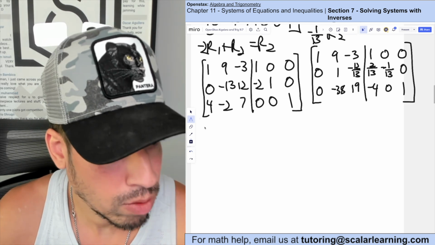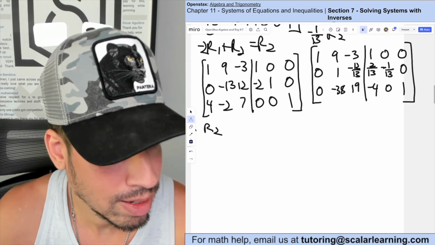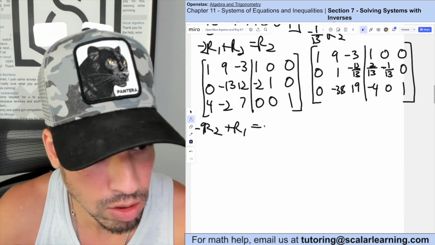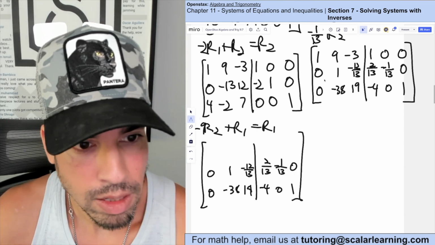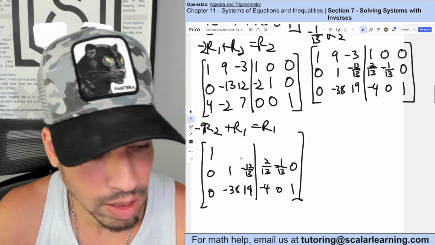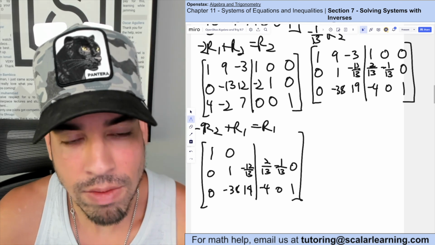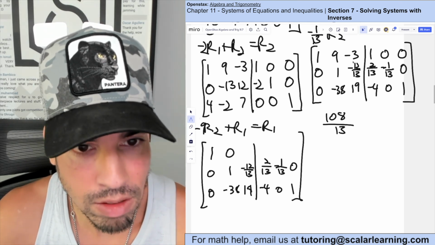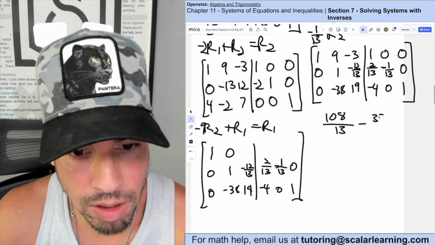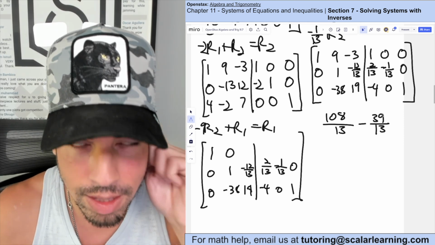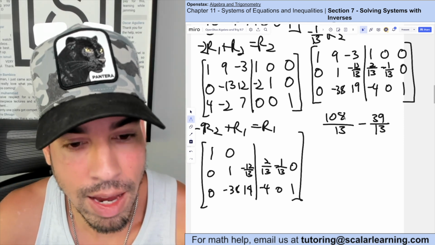Next, I'd love to zero out both of these. First, I'm going to multiply row 2 by -9 to zero out row 1. So we're going to add it to row 1 to get a new row 1. Let's write that out. So we got -9 times 0 is 0 plus 1 is 1. -9 times 1 is -9 plus 9 is 0. -9 times that is 108 over 13 positive plus -3, which is -39 over 13. 108 minus 39, that is 69.